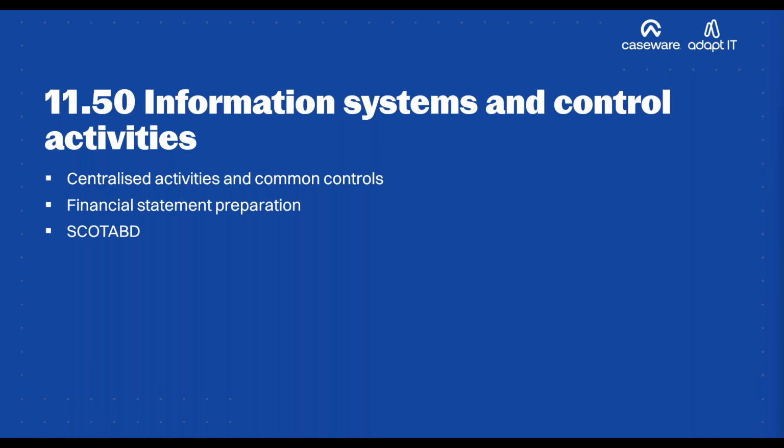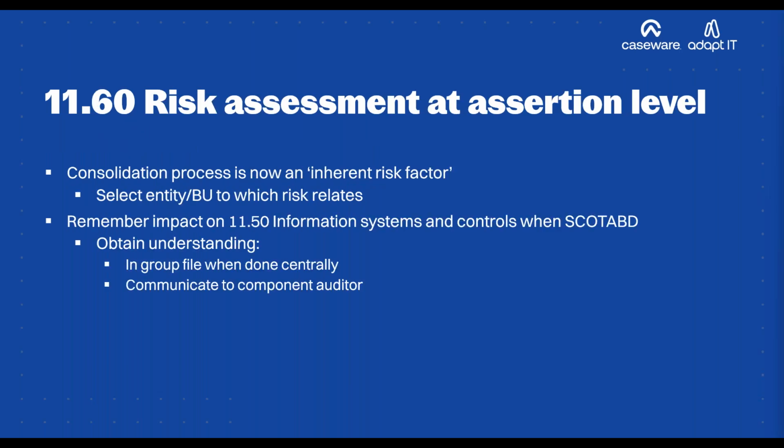Next up then is the risk assessment at assertion level documents. So this is, I almost want to say, the culmination of our risk assessment procedures, our understanding and all of those items. So what are we going to see on 1160 that's different for the group?